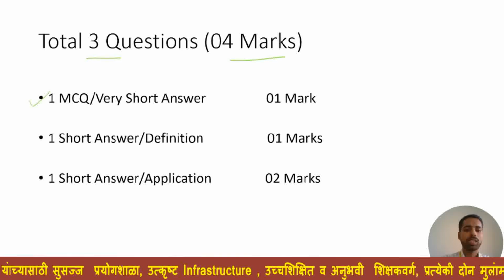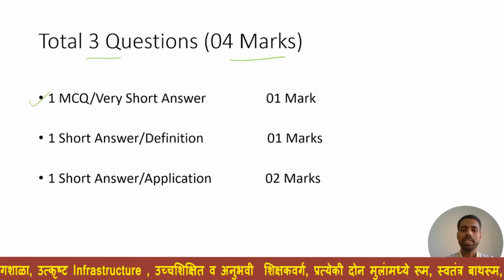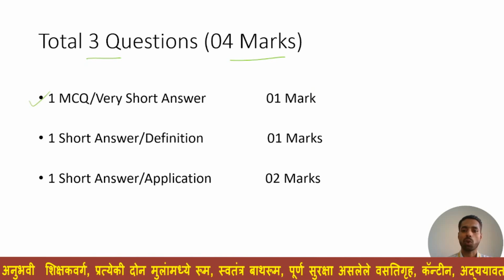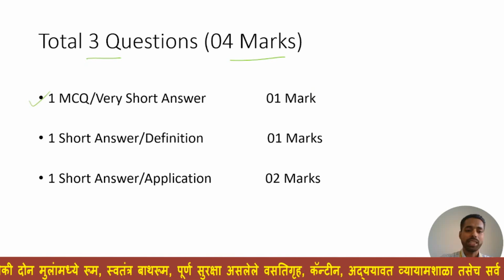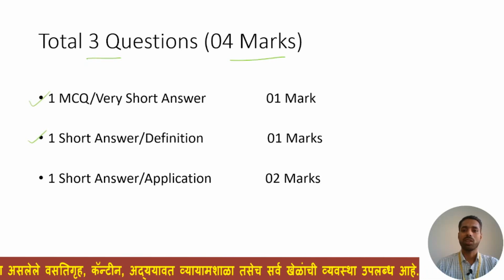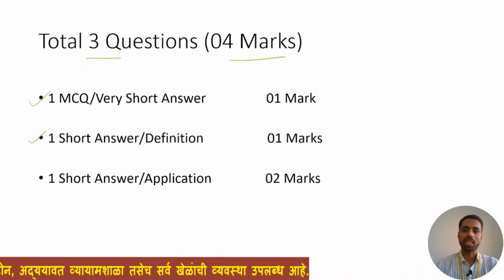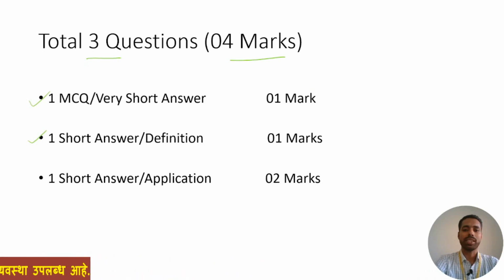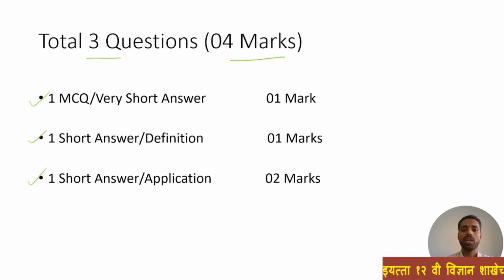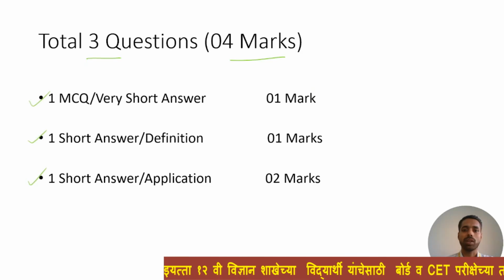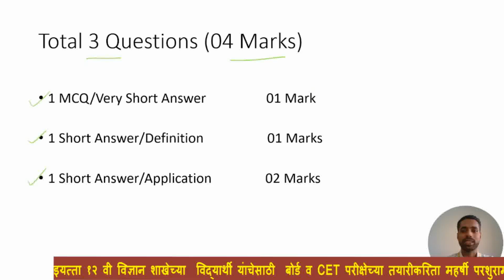The first question will mostly be an MCQ or very short answer question for 1 mark, and the other question is again a short question where they'll mostly ask some definitions for 1 mark, and the last question is again a short answer question where mostly they will ask about the applications of nanomaterials and all.